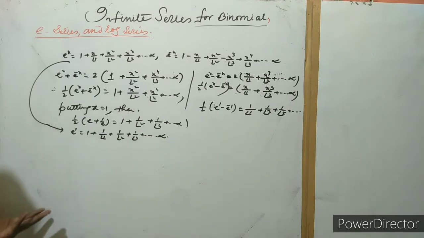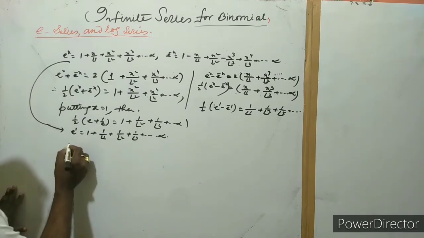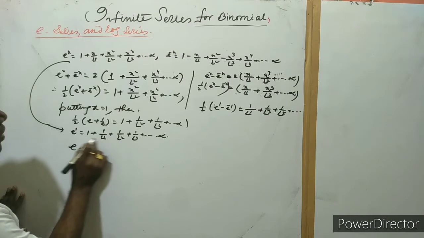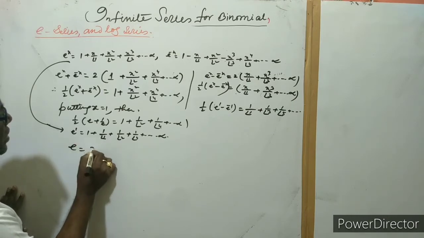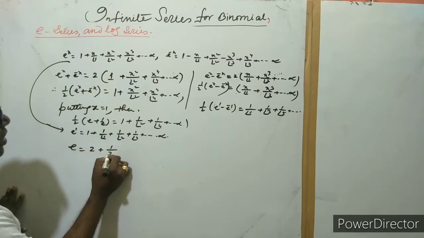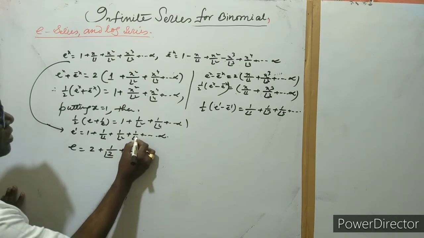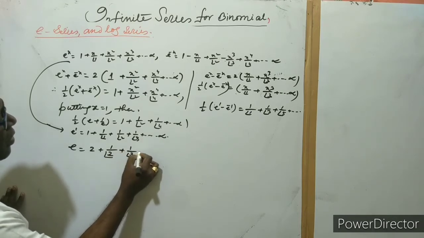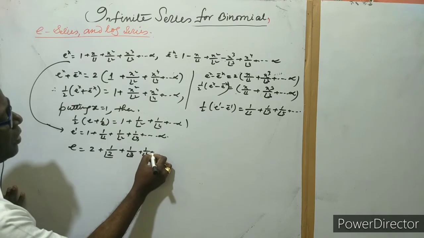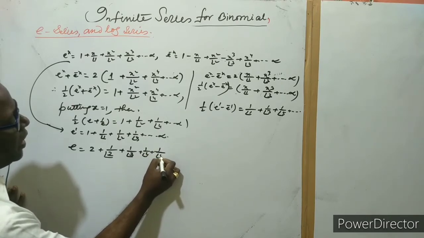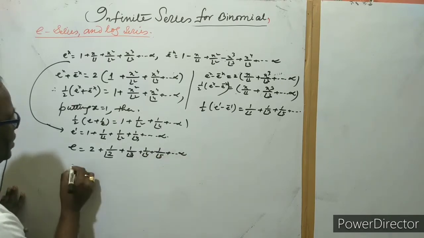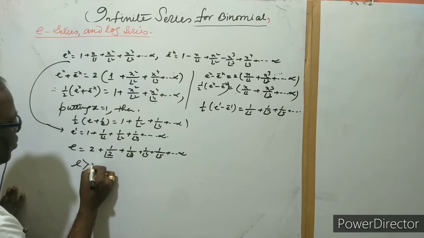How is it possible? See carefully. If these two terms are added, then this is 2 plus some fraction. This is factorial 2, this is factorial 3, this is factorial 4, this is factorial 5, like that. So we can say e is more than 2.